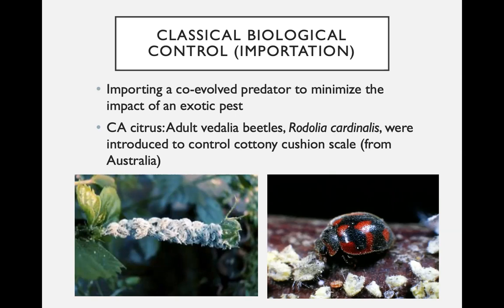In the insect world, there are a couple historical examples of importation biological control being successful. This is just one example I thought I'd bring up. It's an example from the California citrus industry.